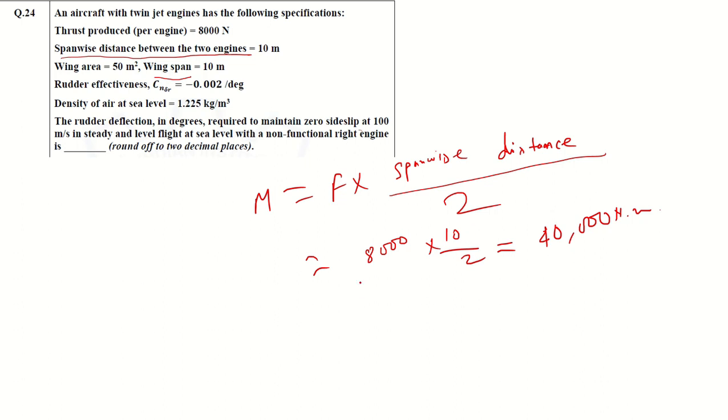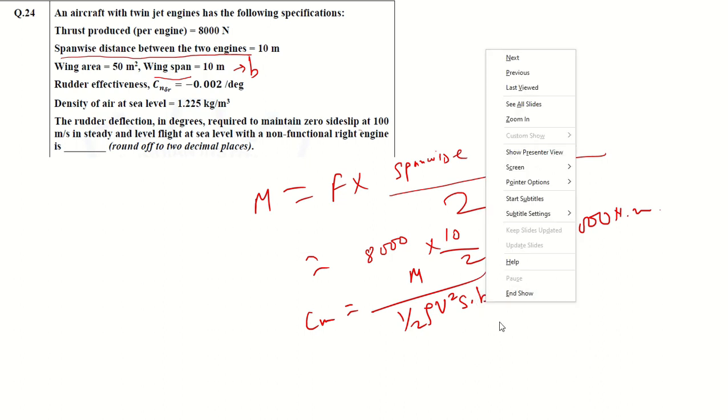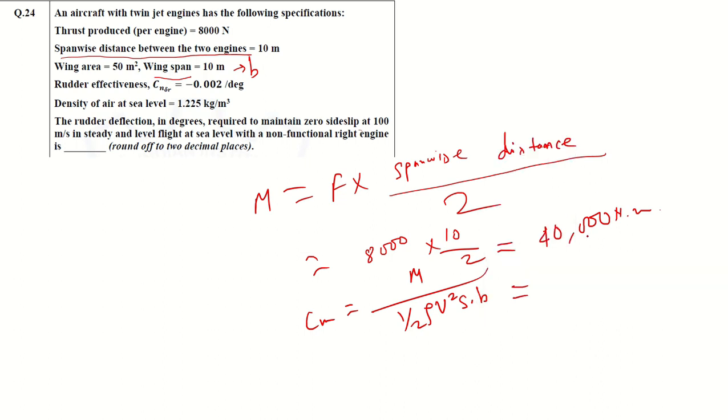Now the yawing moment coefficient Cn is equal to the yawing moment divided by 1 by 2 rho V square S into B, where B is the wing span. That is 40,000 divided by 1 by 2 into 1.225 into 100 square into 50 into 10.